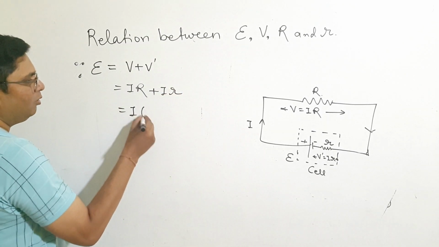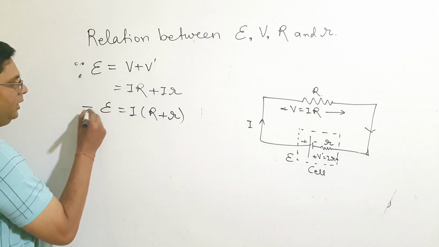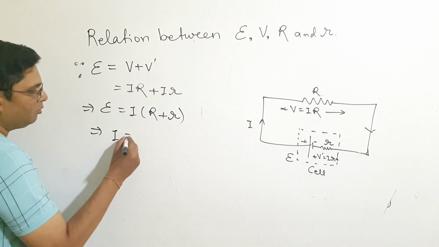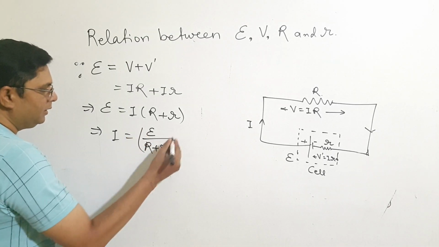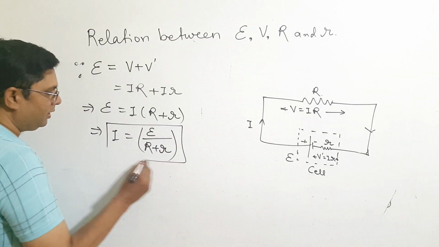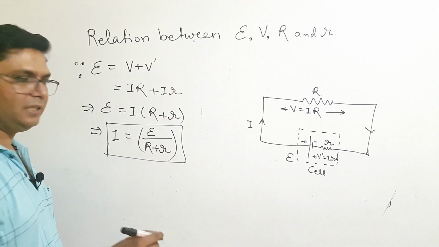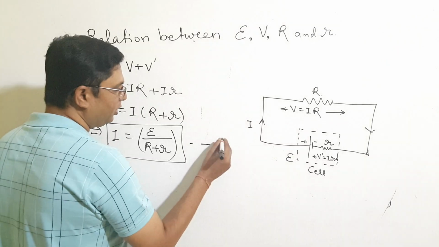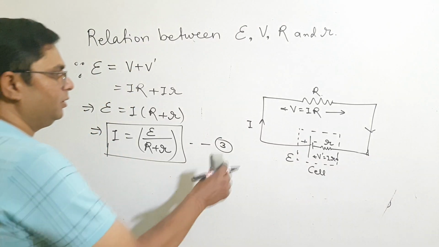Take I outside: I times (capital R plus small r) equals E. So I equals E upon (R plus small r). This is said to be the expression for current when you have internal resistance as well as external resistance. Equation number 3. Based upon this, let us solve a question.